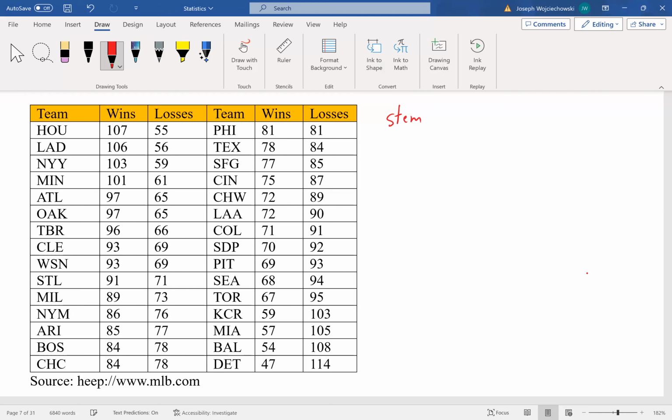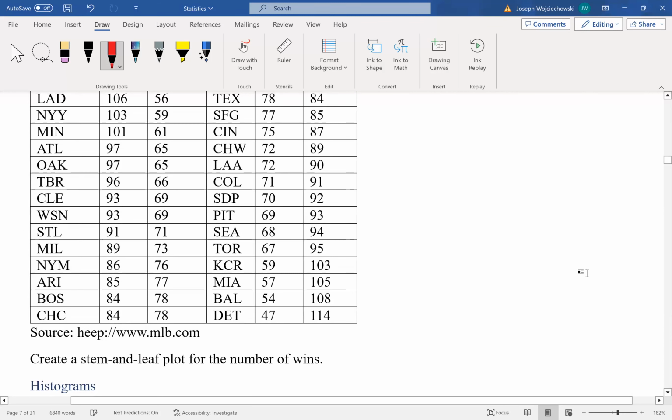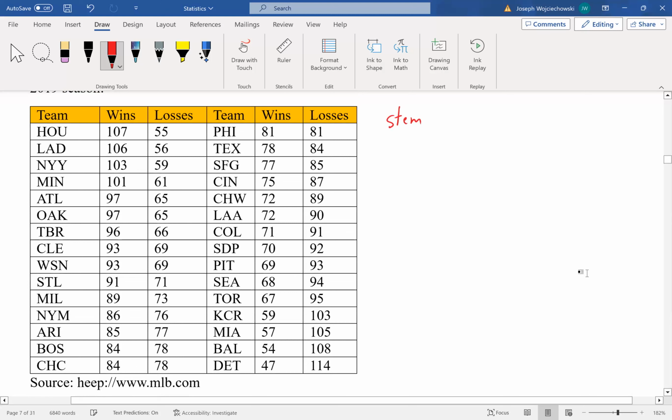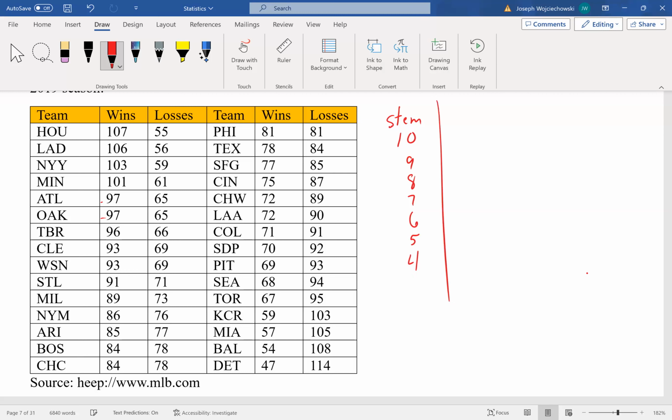Now these are in order for us, and we're doing wins. So our first stem is 1, 0. Then I have a 9, right here, 9, and 8, and 7, and 6, and 5, and 4. That's my stems.